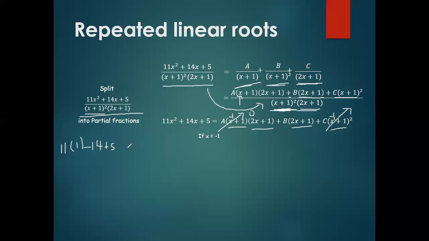On the right side, we have A is 0 now, so it's left with B. We have minus 1 here, so 2 times minus 1 is negative 2, plus 1 will be negative 1. So we have minus 1B, or minus B. Good. On the left side, we have 11 minus 14, which is negative 3, plus 5, which will be positive 2. So then we have minus B equals positive 2, and B should be equal to what? Negative 2.